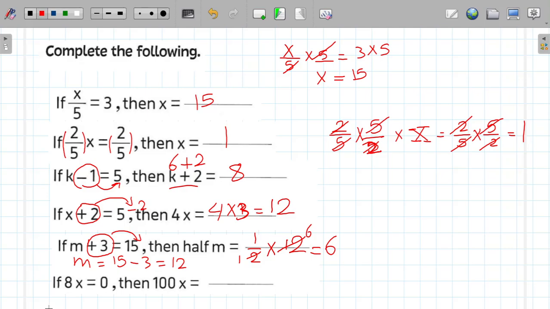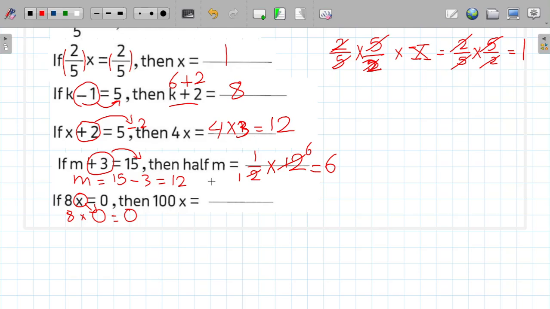So this number is always 0. So I can say here 8 times 0 equals 0. So the value of x is 0. Okay, so I can say 100 times 0 is always 0. So the value of the expression is 0.